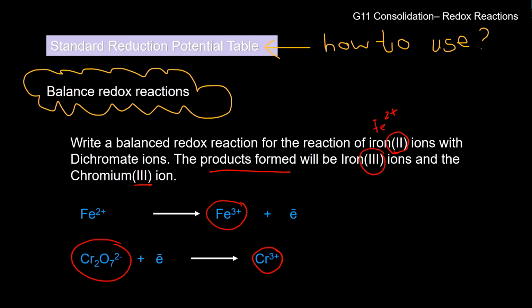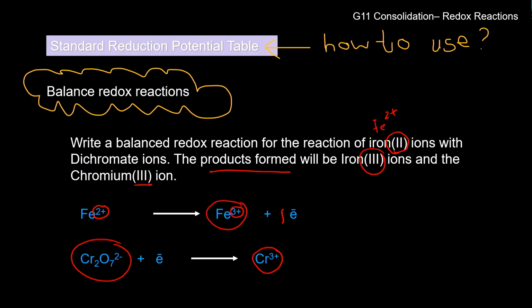Let's check it out. We've got iron 2 plus, it becomes iron 3 plus. What is happening? Its oxidation number is becoming higher, it is becoming more positive, so it gives 1 electron away. What is happening to the chromium in this ion? So I'm going to change my pen so we can see the difference, and then we are going to divide it up like that.